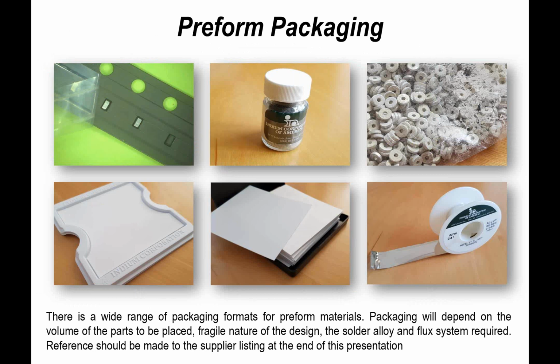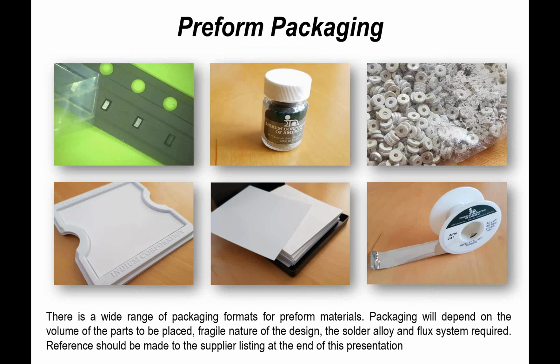So in terms of packaging, if we're looking at small volume, packaging is less important as long as it protects the preform and doesn't allow it to degrade during storage. But if we're talking about automation, hundreds of thousands of joints or interconnections, then packaging must be considered and is just as important as the preform itself to enable us to assemble them effectively and cost effectively in manufacture.